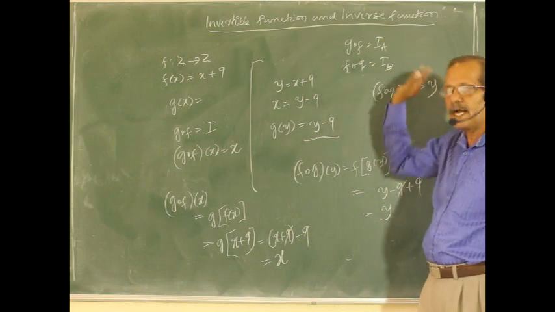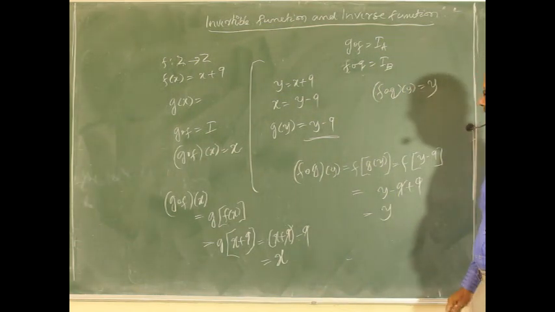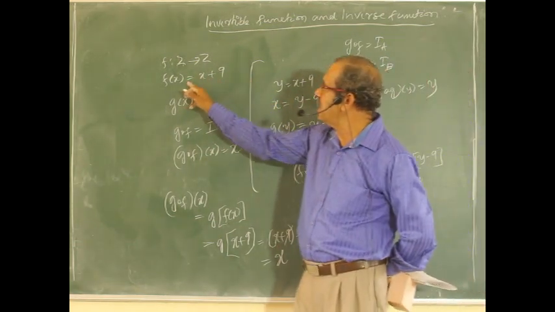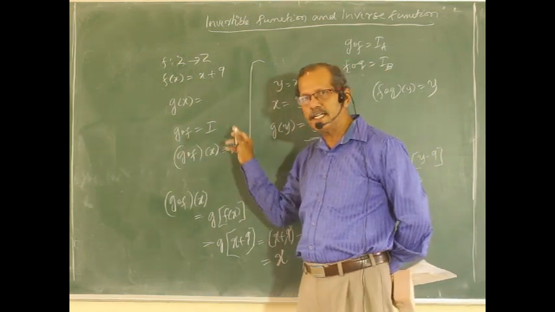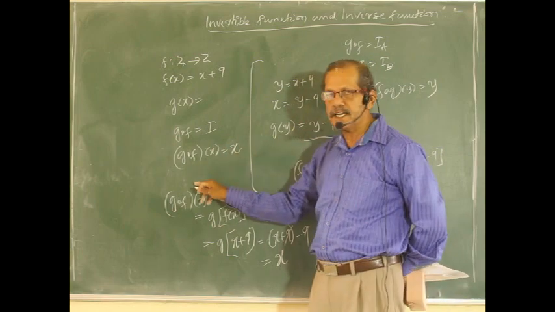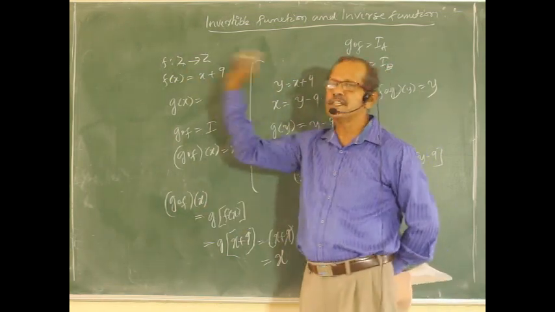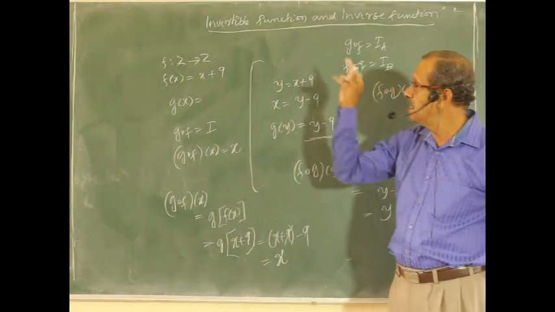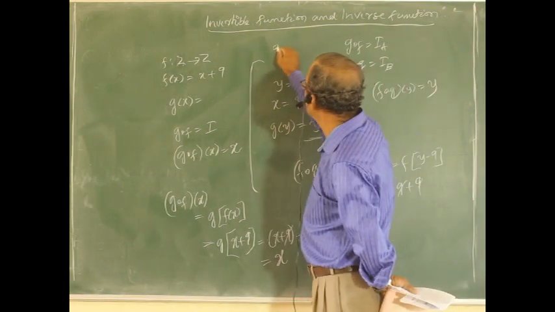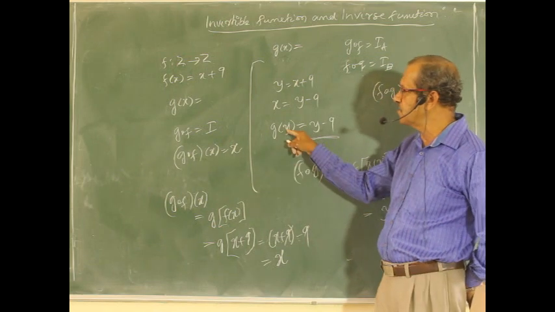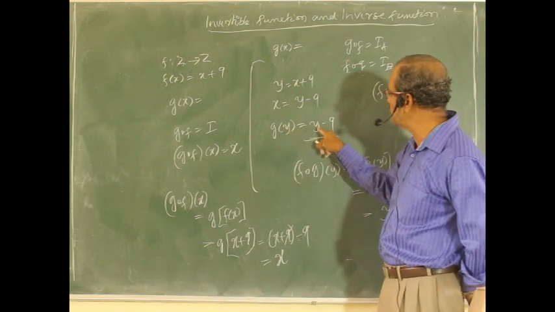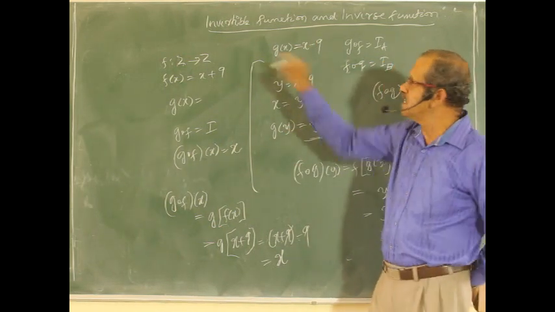Totally, these two are identity functions. Now, since you can define function G such that F composite G is identity and G composite F is also identity, this F is invertible. And the inverse of the function is G of x equal to x minus 9. You need not write G of y only.